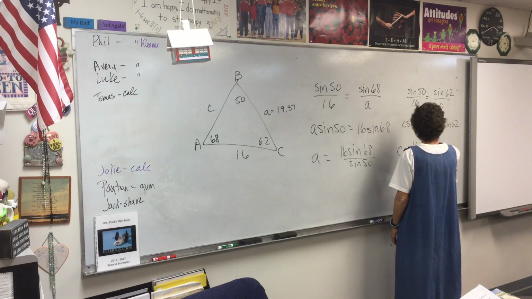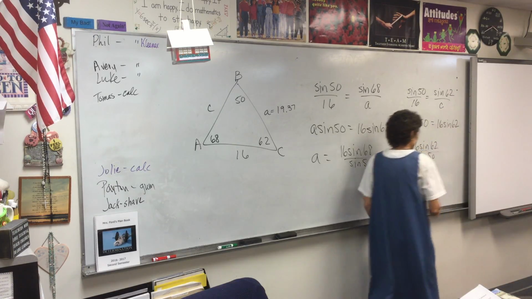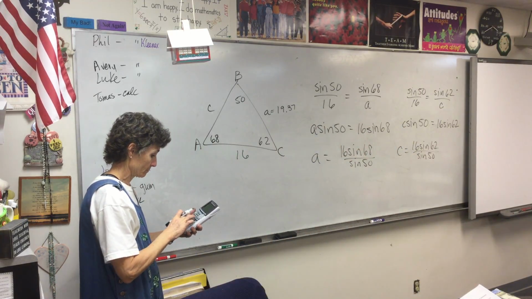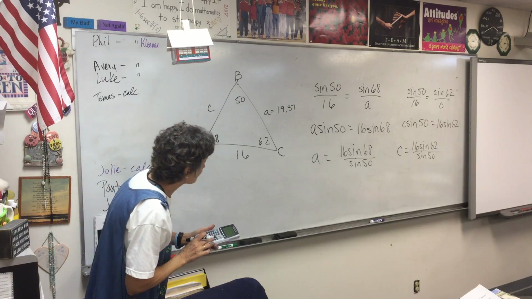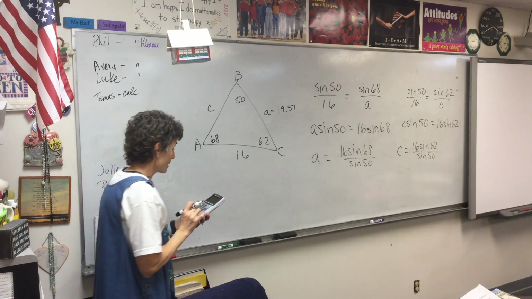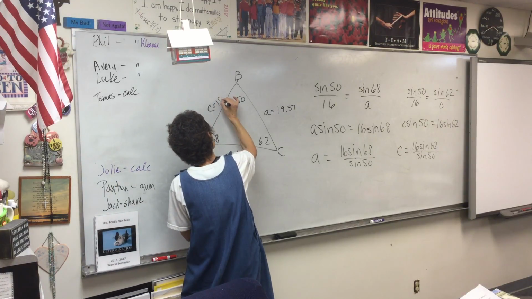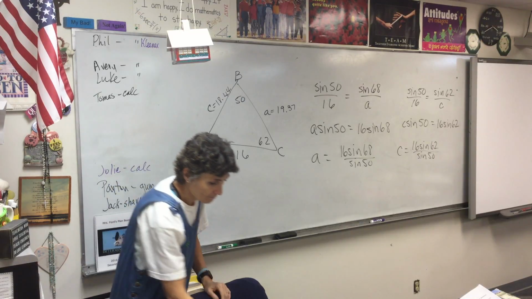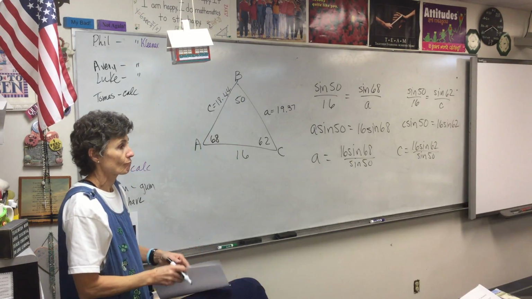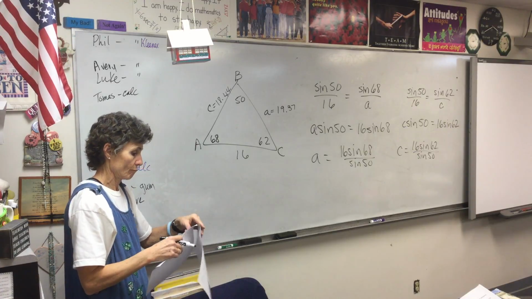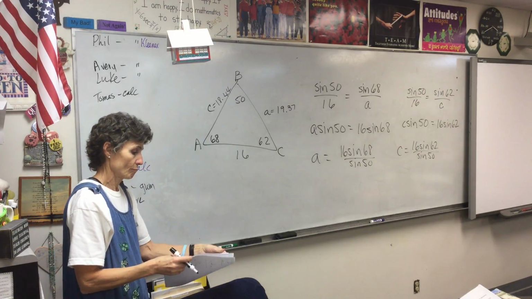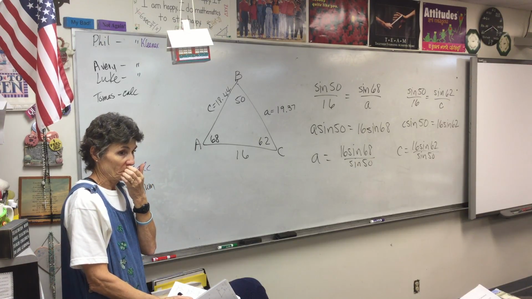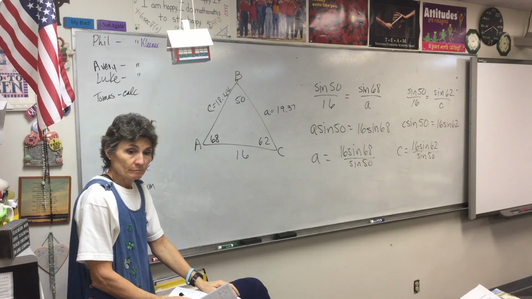I'm going to divide again by the sine of 50. And I got 18.44. Are we okay with that?